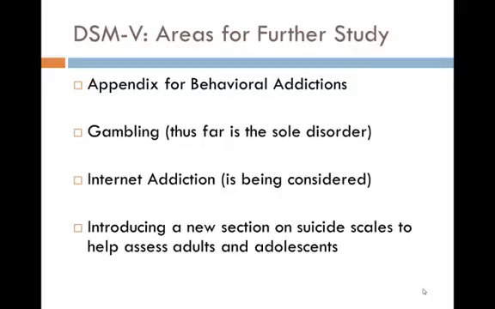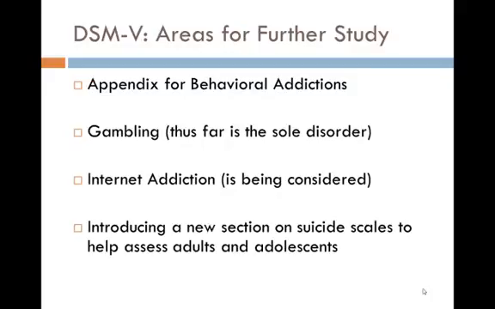So there is far more information that will be specific to gambling disorders. Now with the internet and having far more information at our fingertips, it's coming to bear that there are far more internet addictions. So this is another particular area that is being considered for incorporation into the DSM-5.